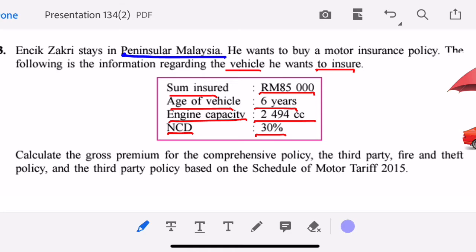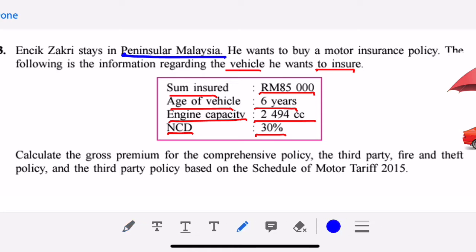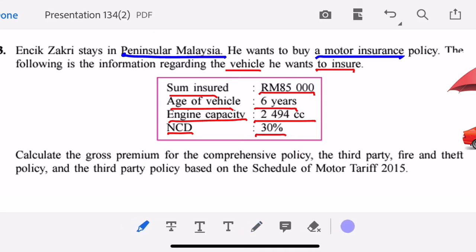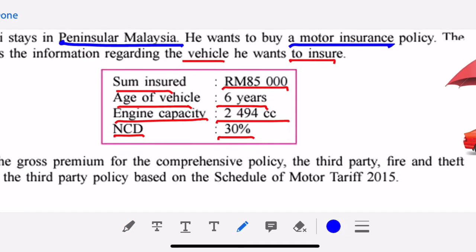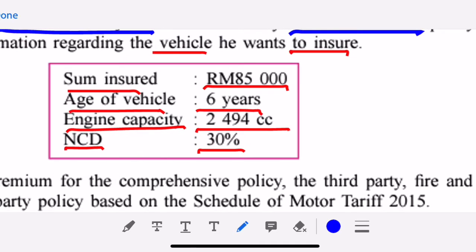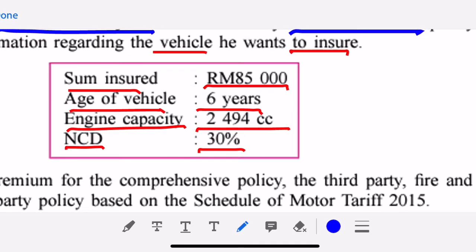All right. So Inche Zakri wants to buy a motor insurance policy. The following is the information regarding the vehicle he wants to insure. So it depends on the condition of the vehicle. The sum insured is 85,000. This is the amount that we are going to use for the calculation later on.